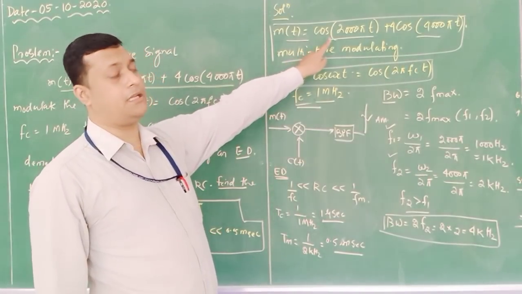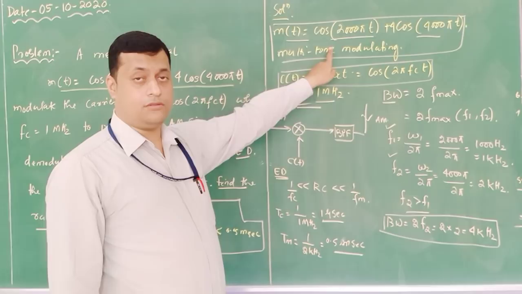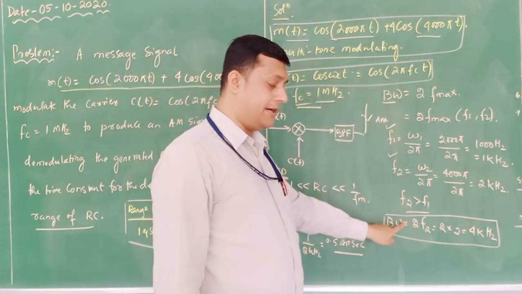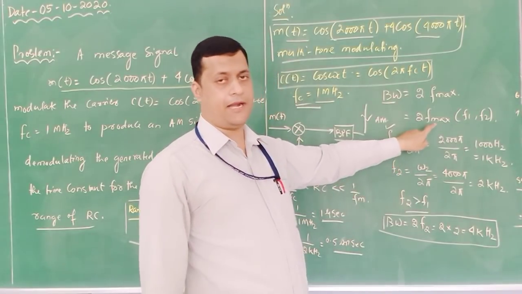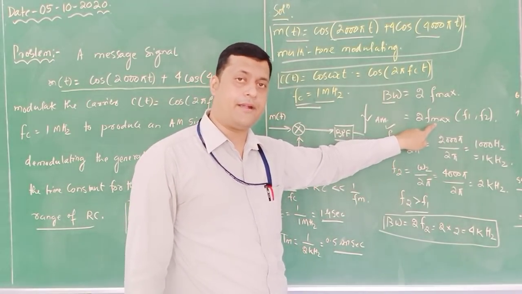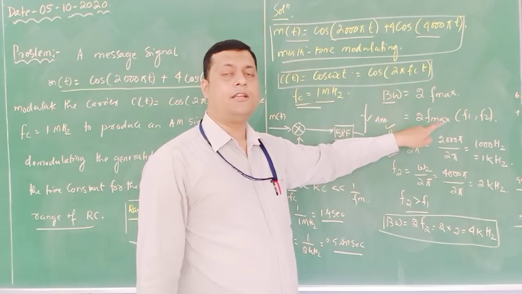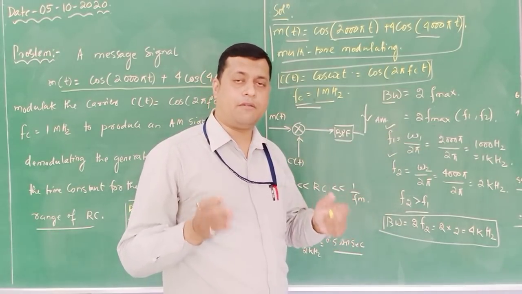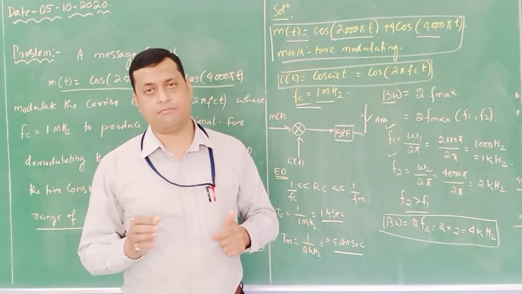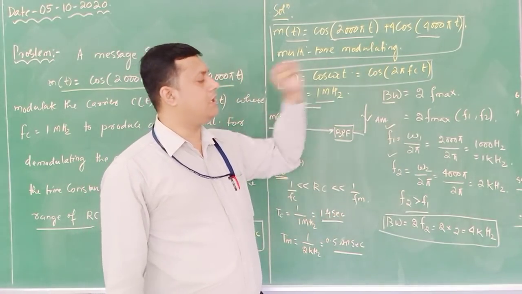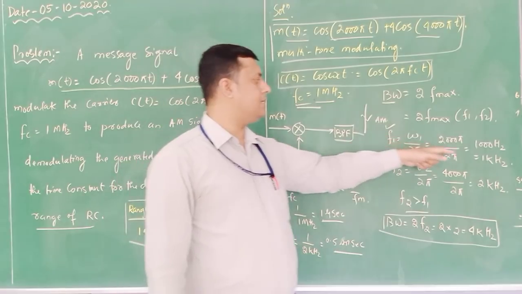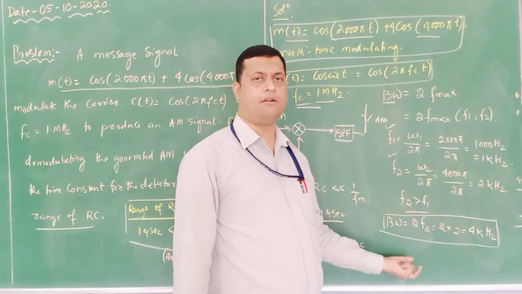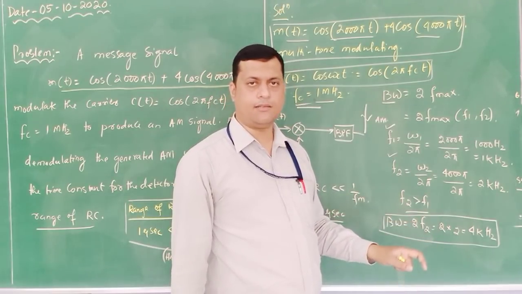Now which frequency we need to use for demodulation, that we have to check with respect to the bandwidth. How are we identifying the bandwidth? Bandwidth is identified with the help of twice the maximum frequency available in our modulating signal. So what is the maximum frequency? 2 kilohertz. Because F1 is 1 kilohertz, F2 is 2 kilohertz, so the maximum is 2, so the bandwidth will become 4 kilohertz. Done?